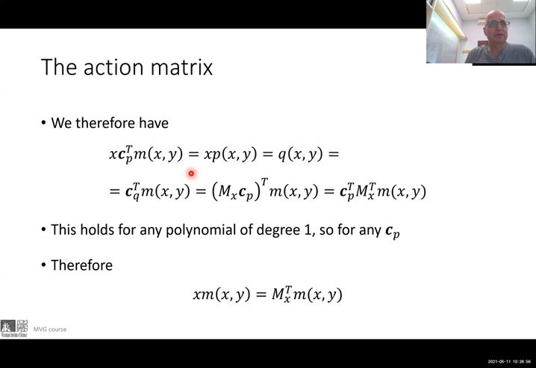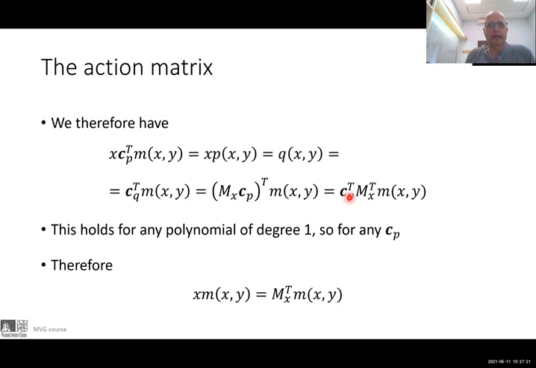So look what we have here. We have x Cp M equals Cp Mx transpose times M. And we're saying this equation does not depend on the actual value of Cp. It was true for any first order polynomial, any selection of coefficients.